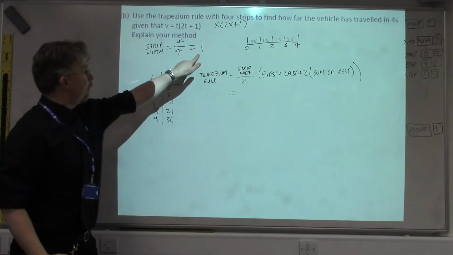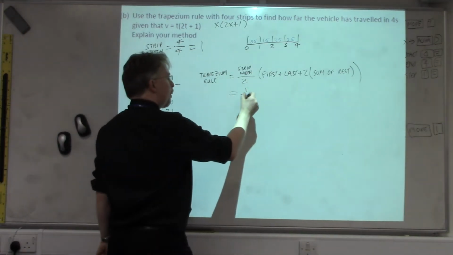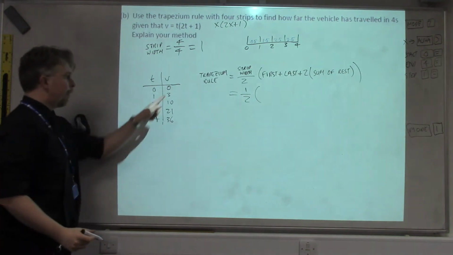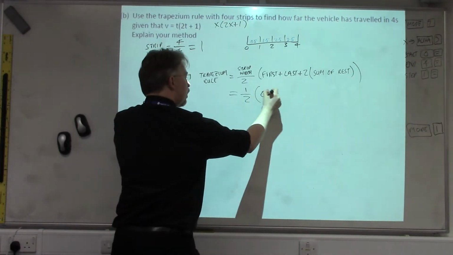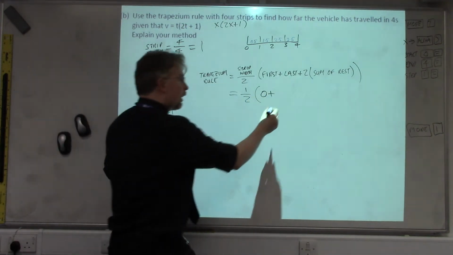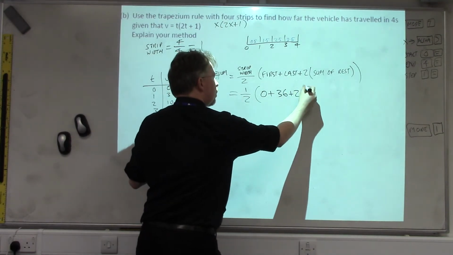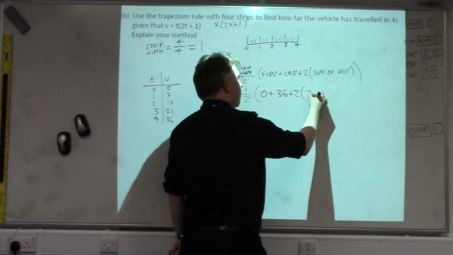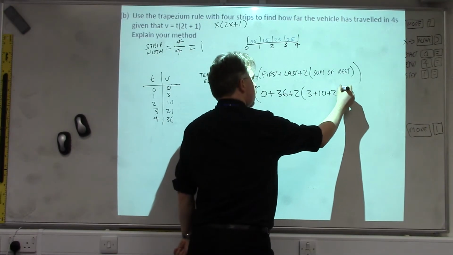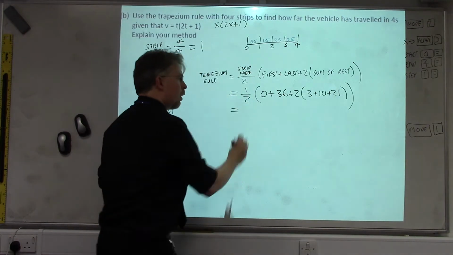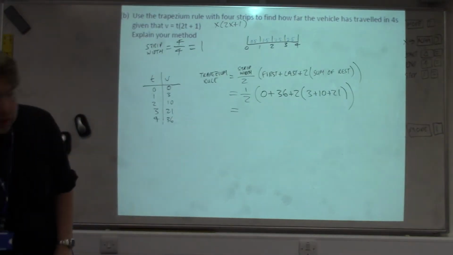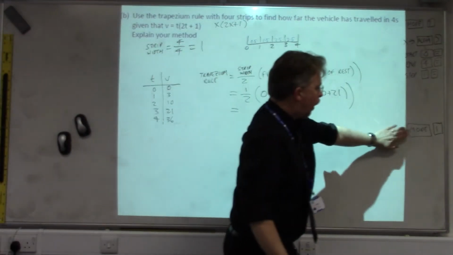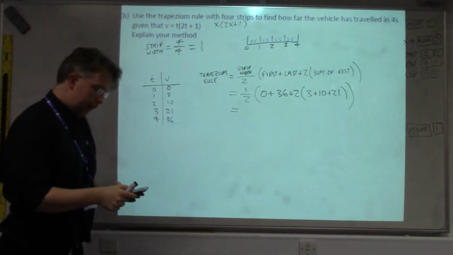Stick in our values: strip width is equal to 1, divided by 2, open bracket, first is 0, plus last is 36, plus 2 times the sum of the rest, the 3, the 10 and the 21. Mode 1 to go back to normal calculation mode.